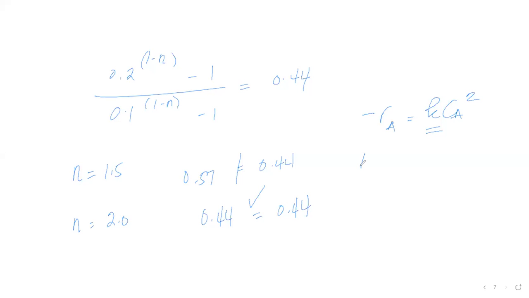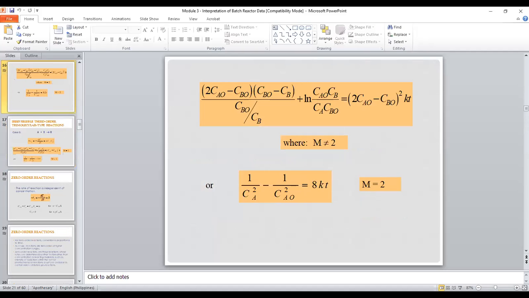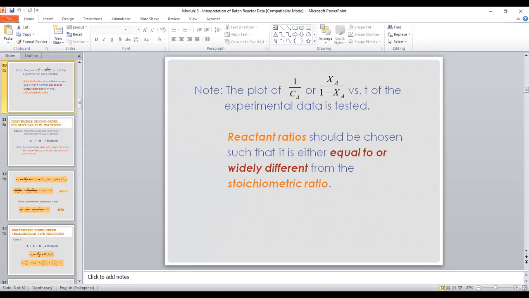So you have a formula of 1 over CA minus 1 over CA0 being equal to Kt. Okay, let me share with you the slide. Second order, case 2.